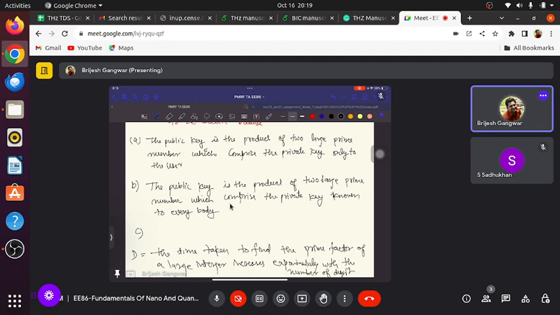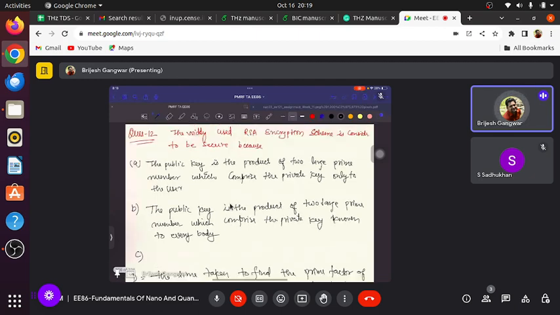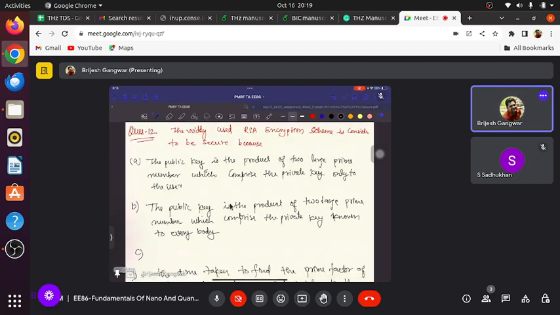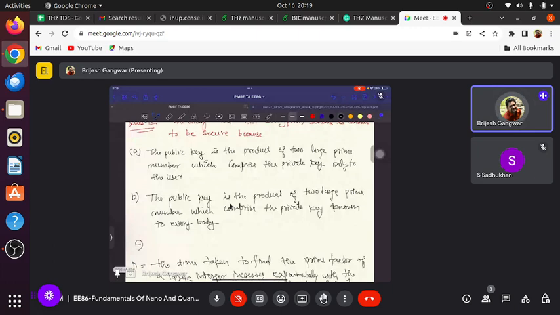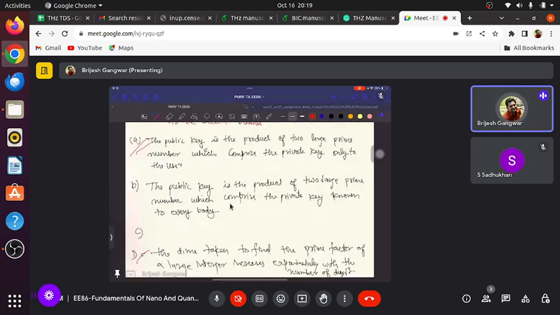I am not much familiar with this RSA encryption scheme, but the correct answer here is the first one and the last one. Okay.